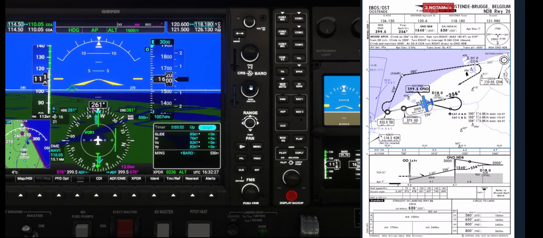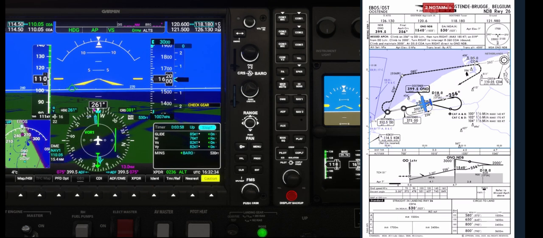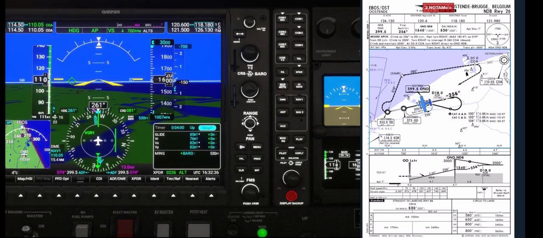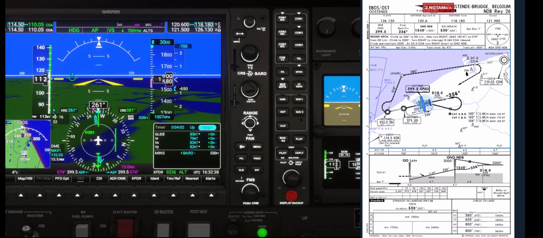Gear, down. Glide, follow. Go timer, not required. Go around altitude, set 2,000 feet. Green light, check gear and flaps lights. Next will be 1,000 feet above the ground.